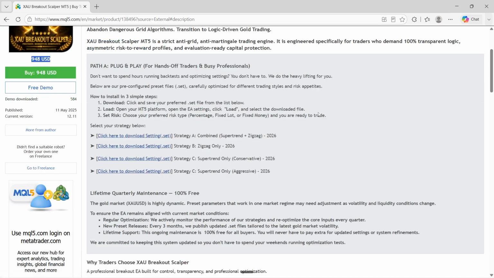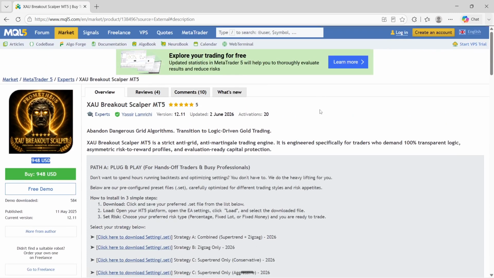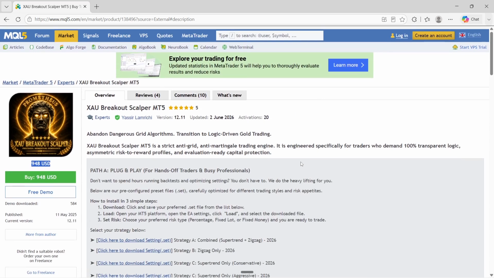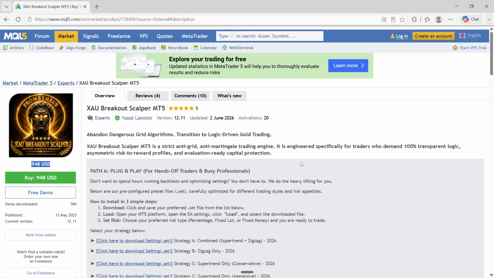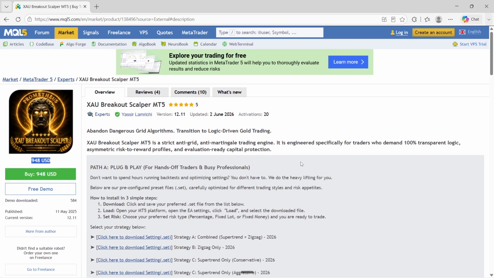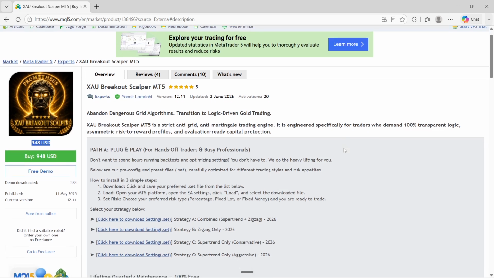And if I expand this, you see that on the MQ5 website, XAU Breakout Scalper is engineered as a strict anti-greed, anti-martingale trading engine for XAU USD. It combines two core models, a ZigZag Breakout Specialist and a SuperTrend Precision Scalper, into one unified system.